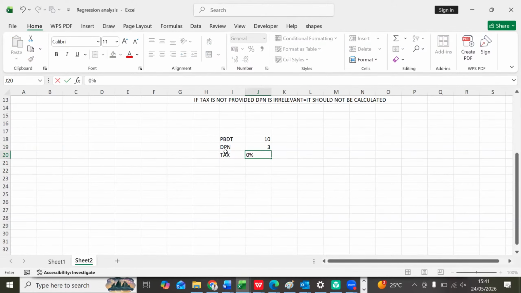So here, if you are asked to give us what we call cash flows, you'll be surprised that the cash flow here will be exactly equal to PBDT.